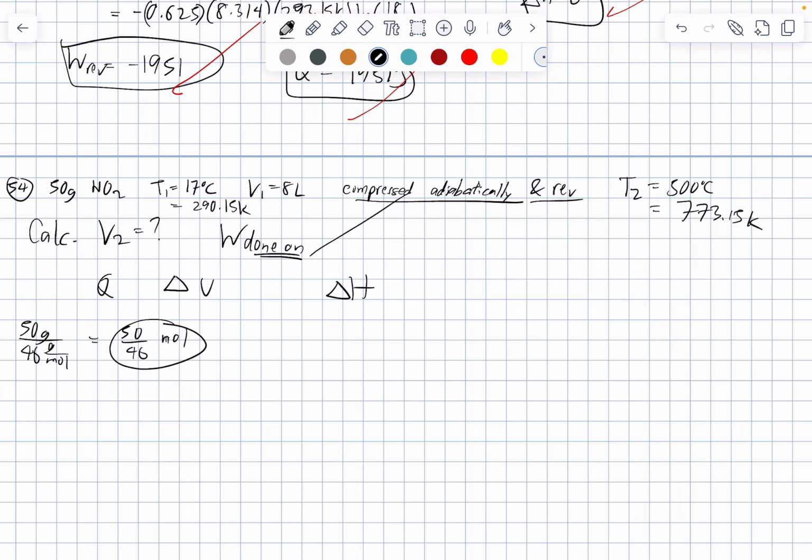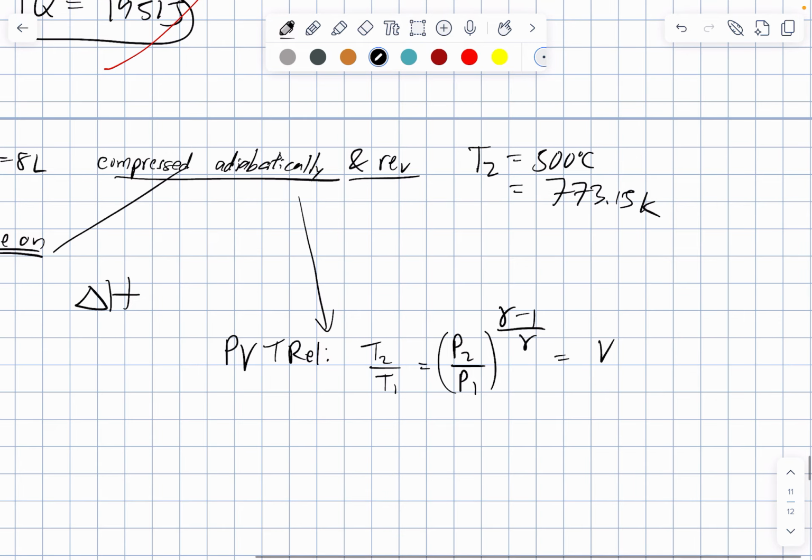V1, V2. Compressed adiabatically, no? In an adiabatic process, the PVT relation is T2 over T1 equal to P2 over P1 raised to gamma minus 1 over gamma, where gamma again is the adiabatic index. Okay?